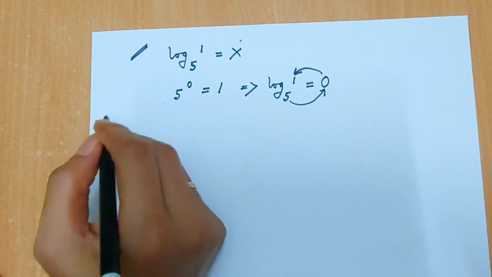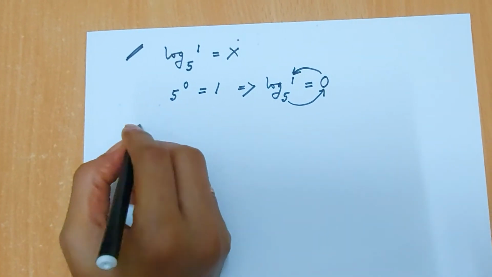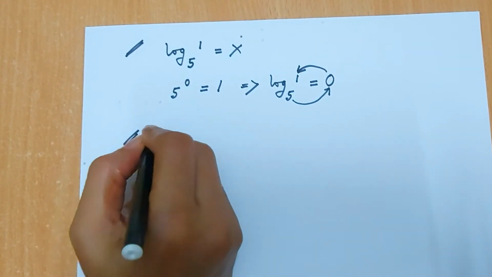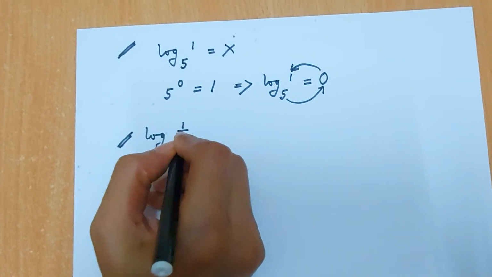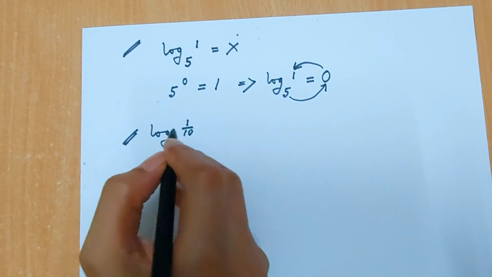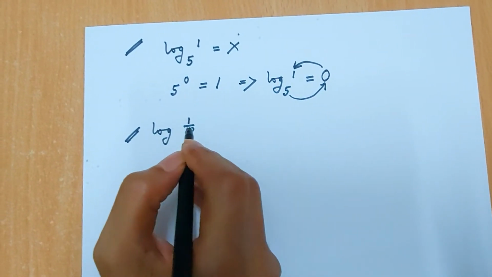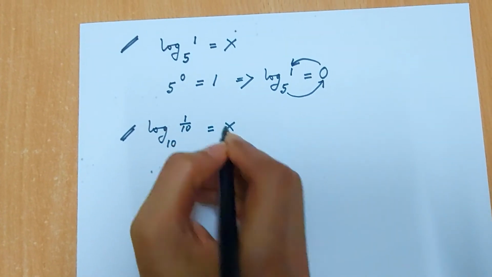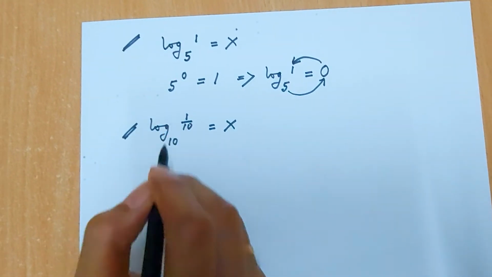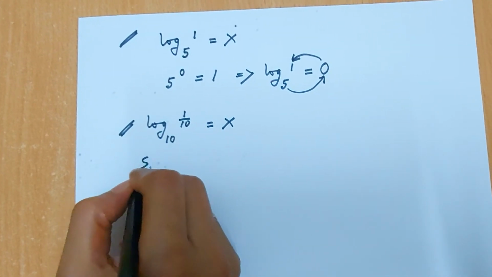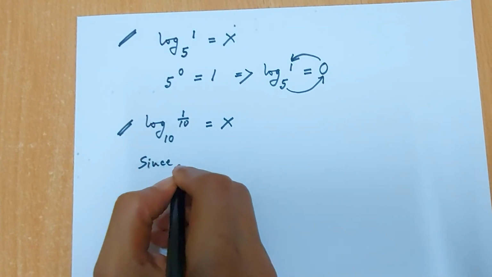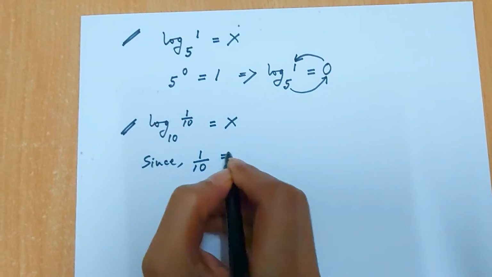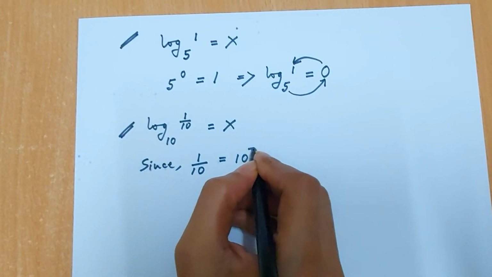Now let me show you some negative powers. Suppose we have log of 1 over 10 to the base 10 equal to x. Since 1 over 10 equal to 10 power negative 1.